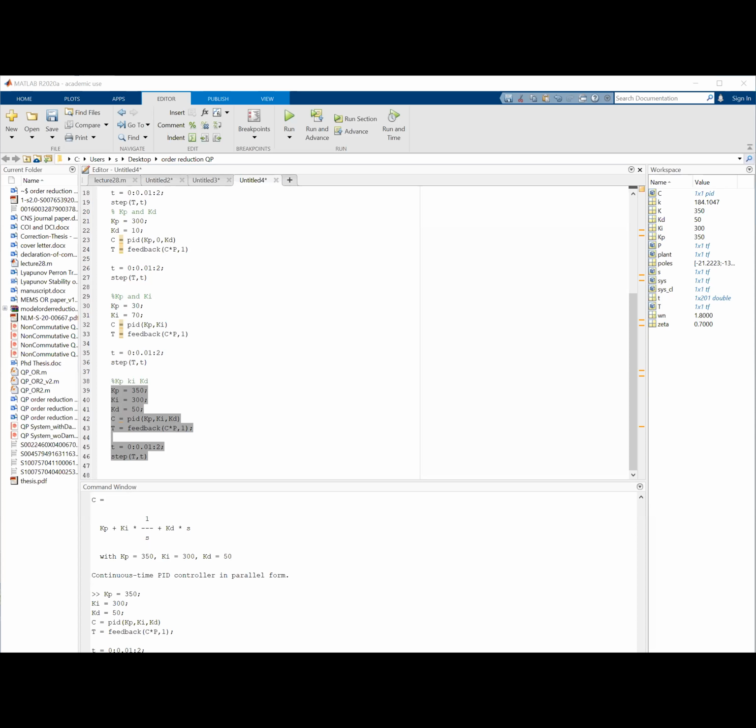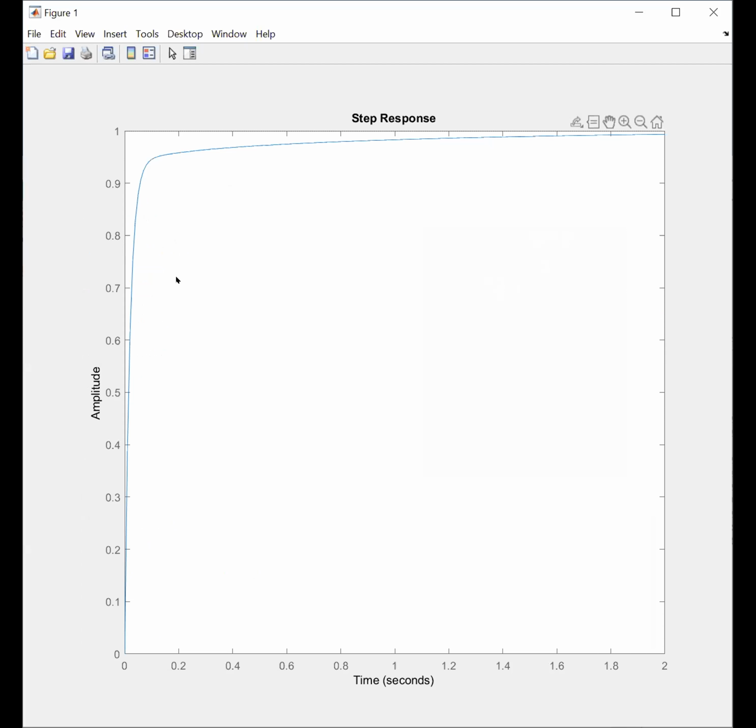And then your step response would look much, much cleaner when you have KP, KI, and KD. So you can see the system sort of goes up. And so how do you tune the KP, KI, and KD? Now I'm going to give you some guidelines.